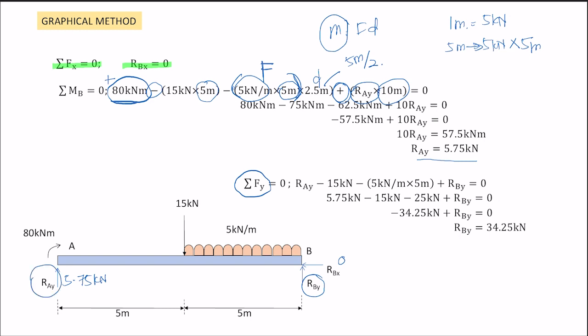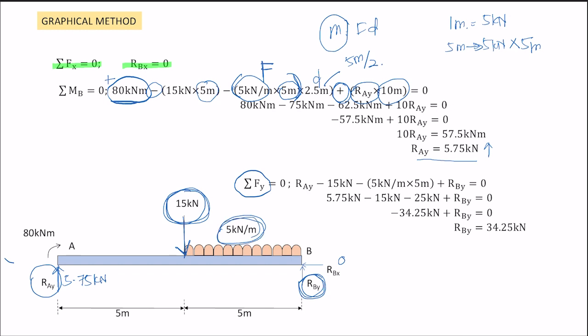RAY, we have one force here. 15 kilonewton, another force. 5 kilonewton per meter, another force. And the RBY itself. The 80 kilonewton meter we will not include in our force equation because it is a moment, not a force. Moment goes only into the moment equation. Therefore, RAY is positive because we assumed it goes up, and 15 kilonewton is minus because it goes downward.